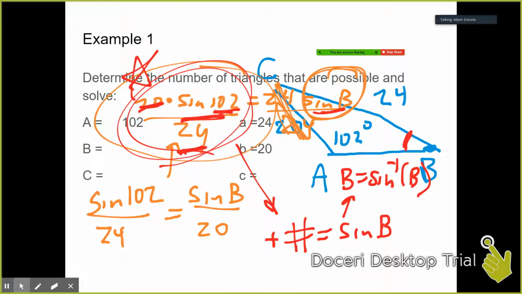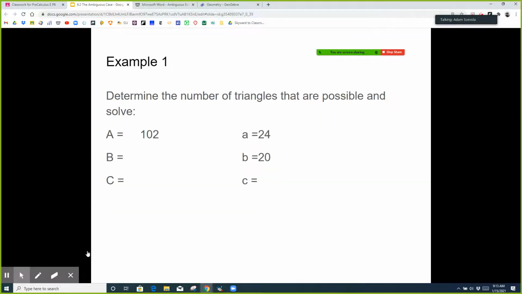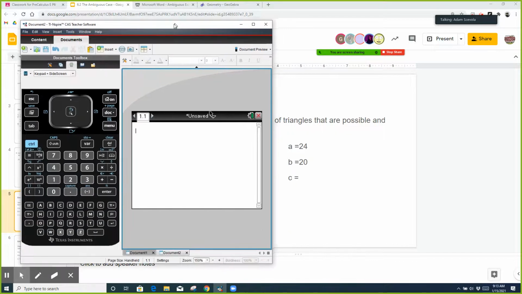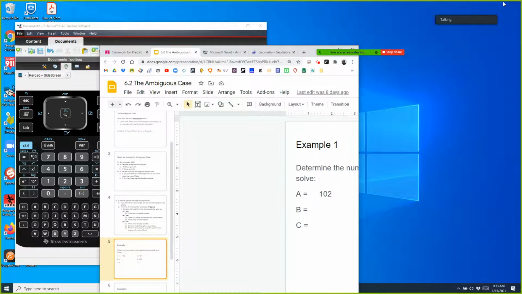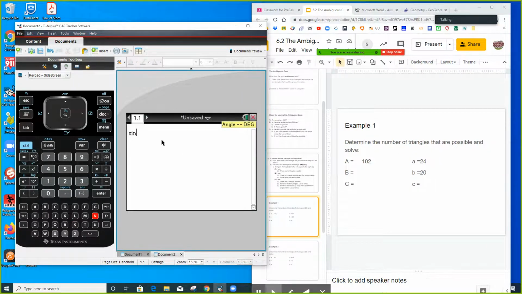All right, so now I have to open up my TI-Nspire, and again, everything disappears, so that's kind of annoying, and do the math there. So remember we had the sine of 102 over 24 equal to the sine of B over 20.